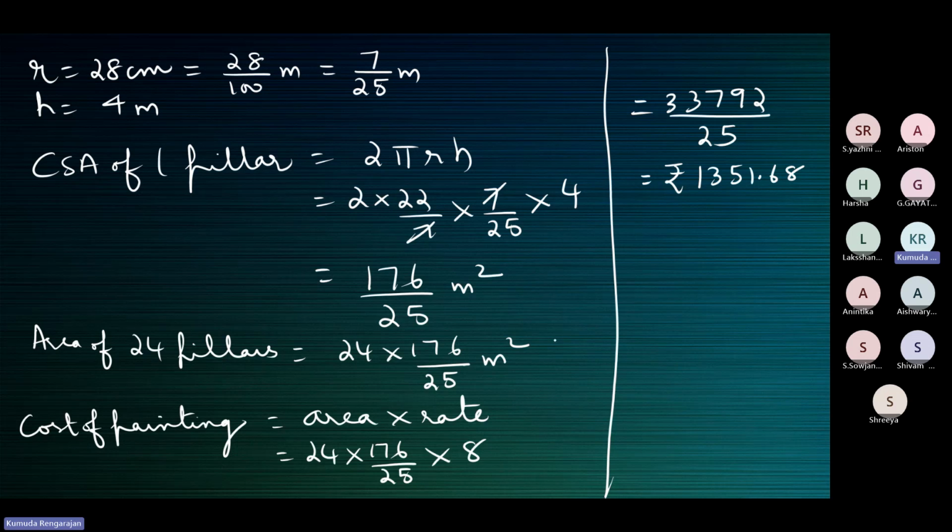You can multiply and give the answer here, or you can also leave it like this. Now the cost of painting is area into rate. So 24 into 176 by 25 into the rate, 8 rupees per meter square. On simplifying, we get 1,351.68. So this is the total cost of whitewashing the 24 pillars.